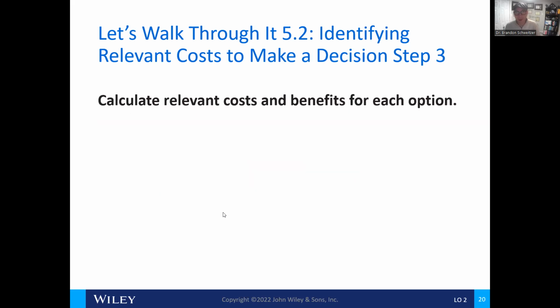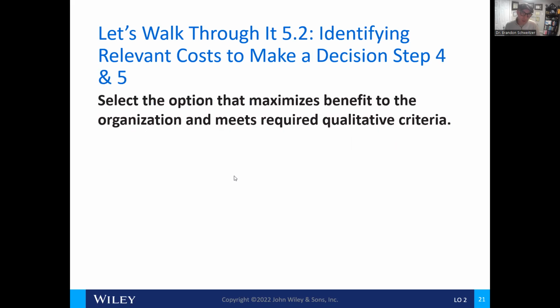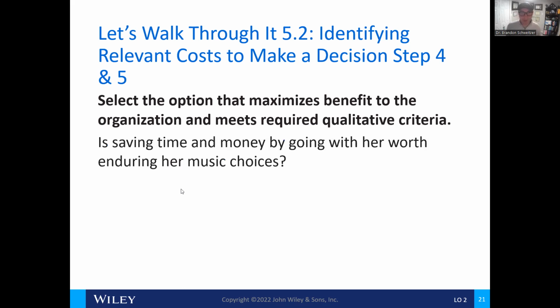So we calculate the relevant costs and benefits for each option. There's a $7 benefit to riding with your friend rather than taking the bus. It's just a $7 difference: 20 goes to the friend or 27 goes to the bus company. But we take the friend's music into consideration. Step 4, we look at which option maximizes the benefit based off of the required qualitative criterion.